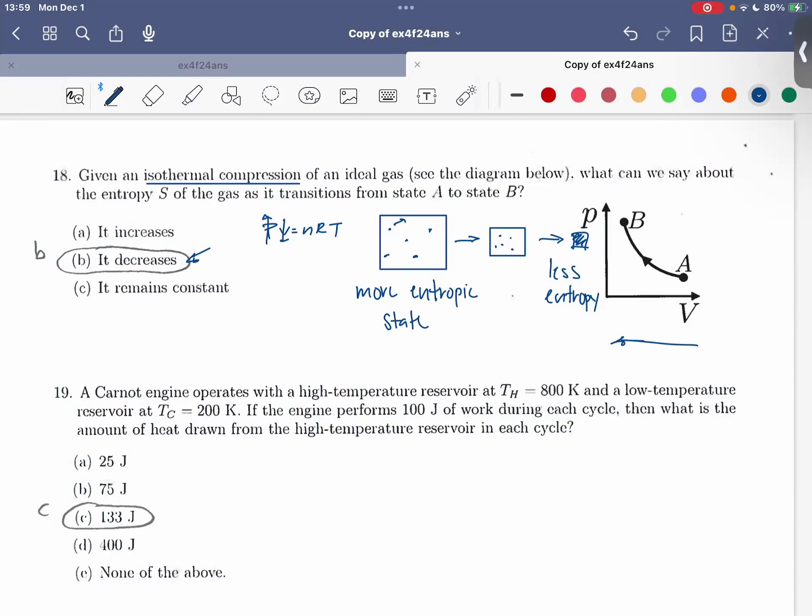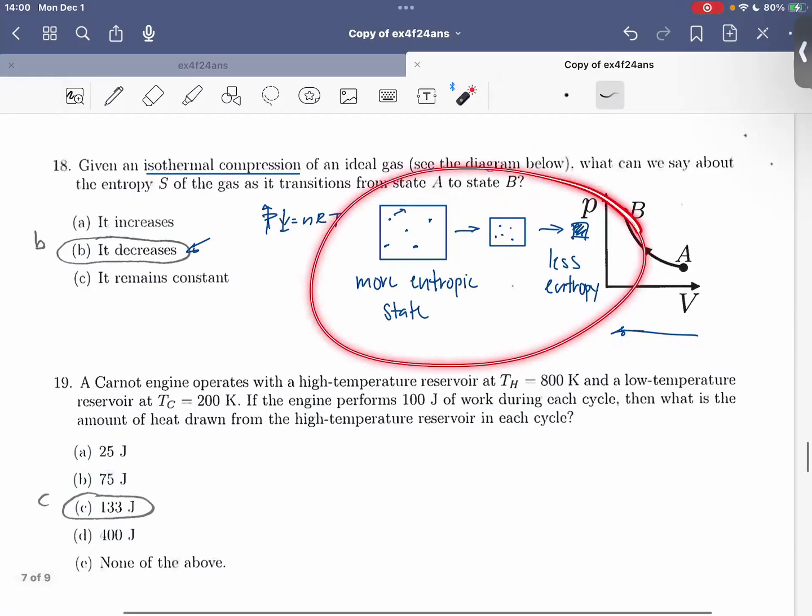It's actually the volume. So as you're decreasing the size of the boxes, you're actually slowly losing heat, but maintaining the same temperature, if that makes sense.